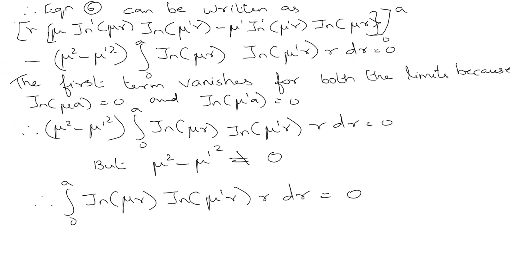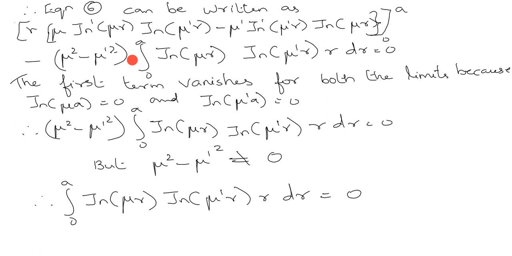Now looking at this equation we can see that the first term vanishes for both the limits because Jn of mu a and Jn of mu dash a are equal to 0. So we need not worry about the first term, it will become 0.